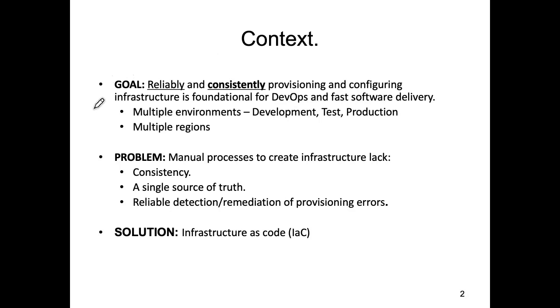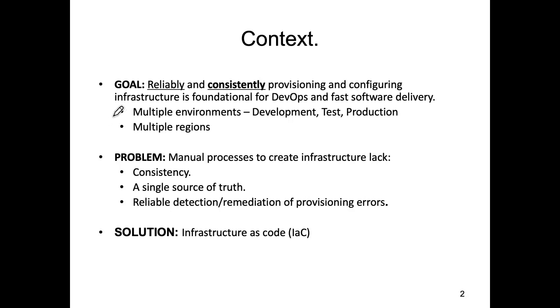The AWS cloud comprises 33 regions. And so if you want to run your application on multiple regions, not necessarily all 33, but if you do want to run it in multiple regions, then that means you need to create the infrastructure in each of these regions.